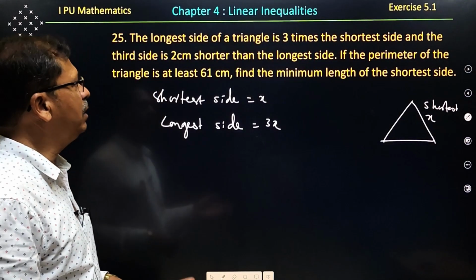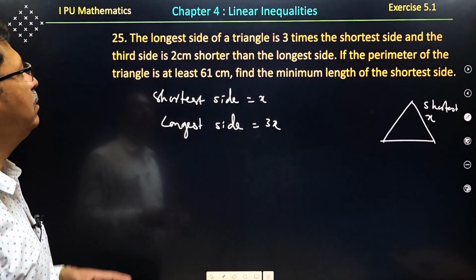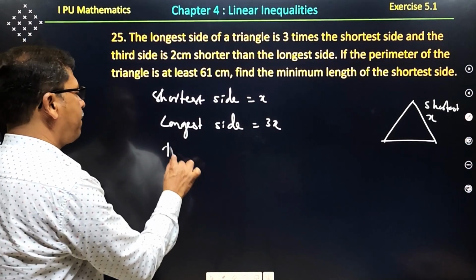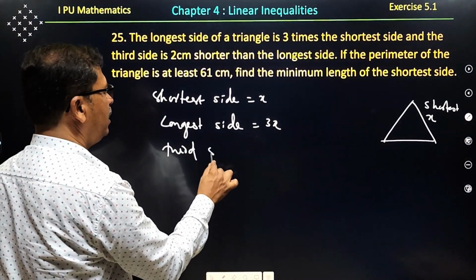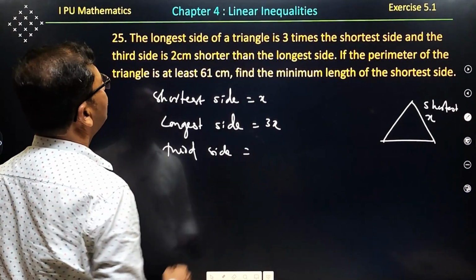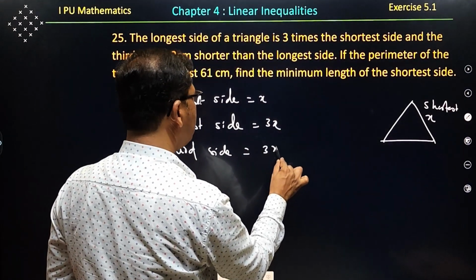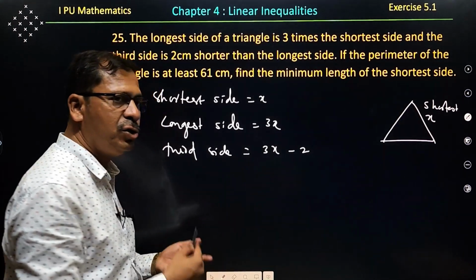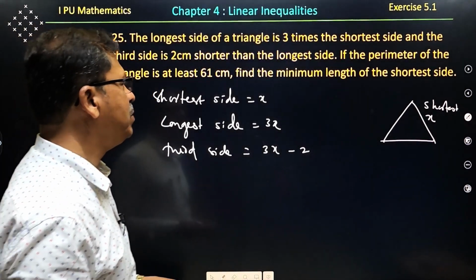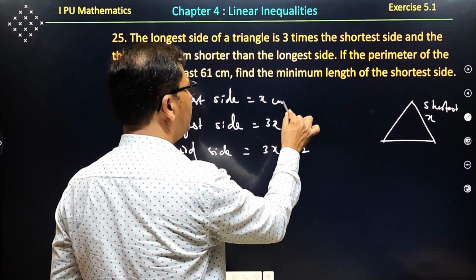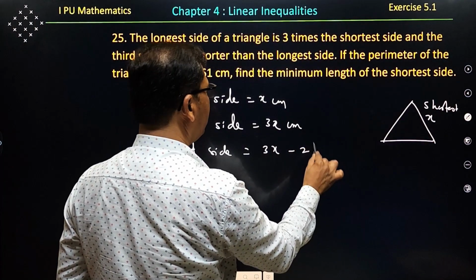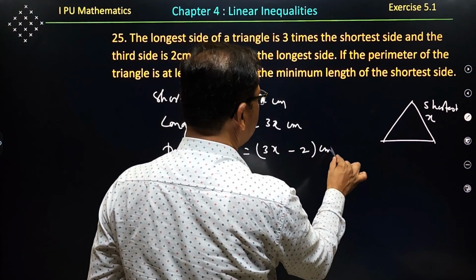Then what about the third side? The third side is 2 centimeters shorter than the longest. Longest is 3x, and 2 centimeters shorter means 3x minus 2 centimeters. So this is x centimeter, 3x centimeter, and 3x minus 2 centimeter.